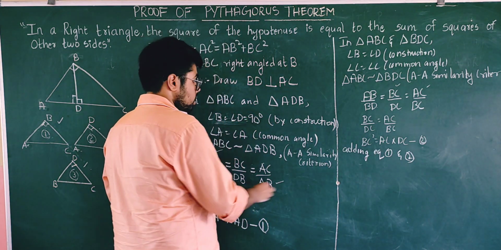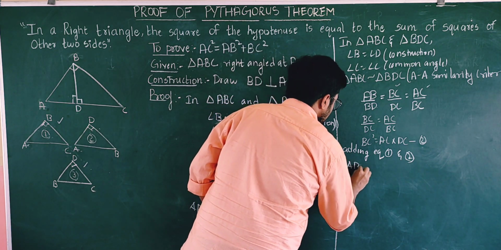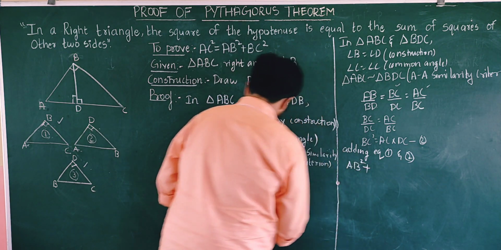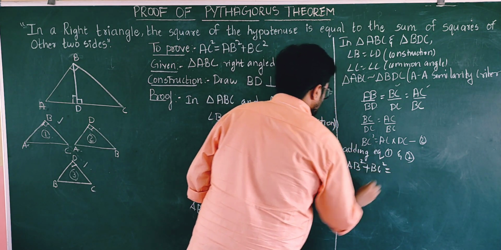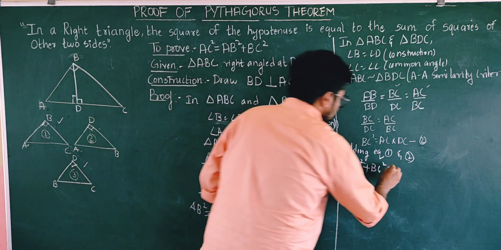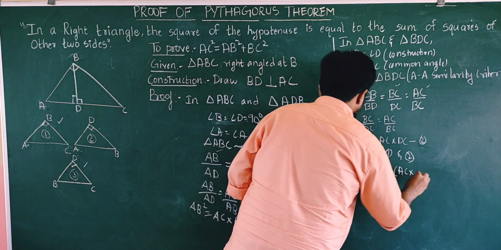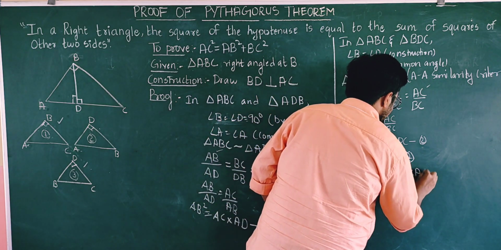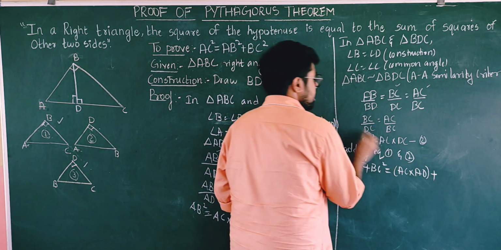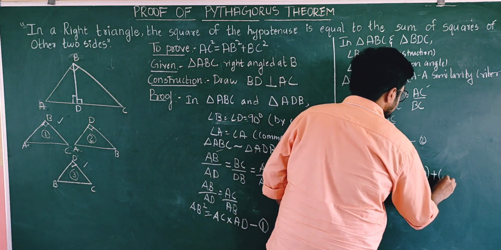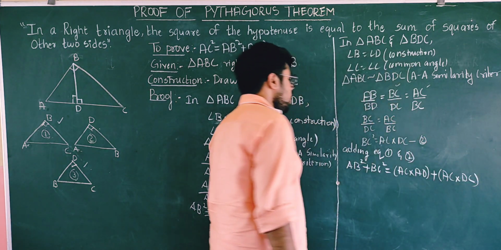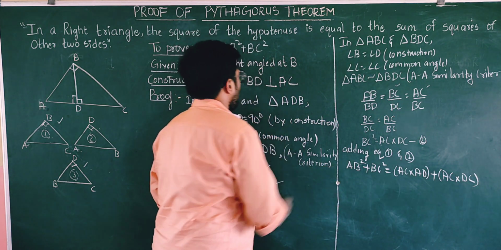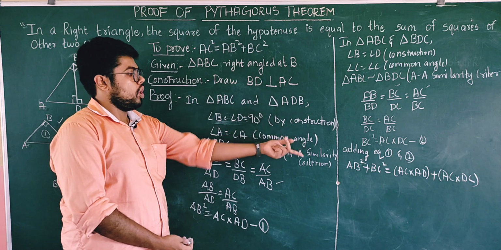So AB square plus BC square is equal to AC into AD plus AC into DC. Now if you see, I already got one side, AB square plus BC square.